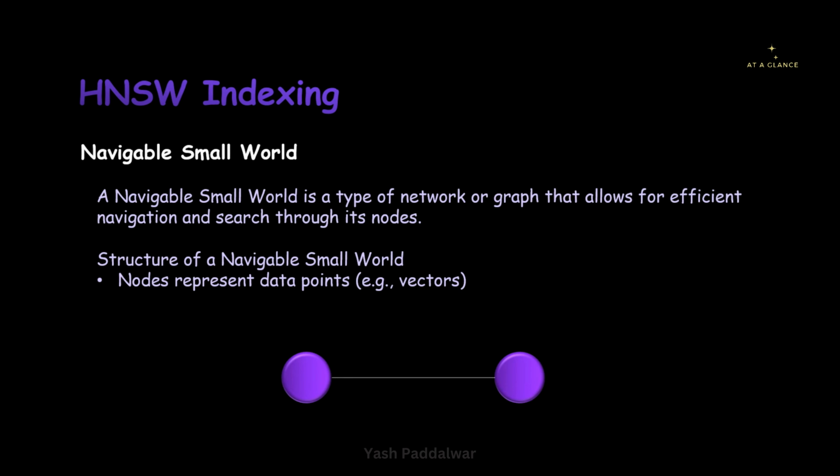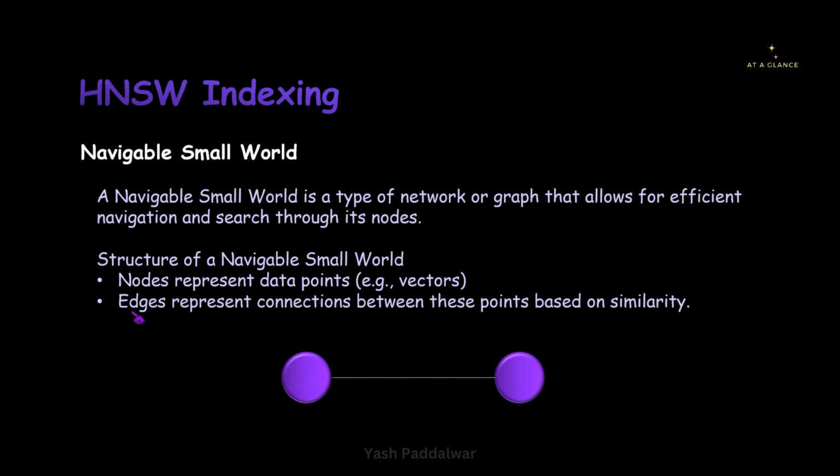So nodes are nothing but document vectors, and the connections used to connect the nodes are nothing but edges. They are used to represent the connections between the points based on similarity. Obviously the nodes which are closer to each other will be more similar. The nodes which are not will be farther from each other. They are associated in space based on the similarity between them.